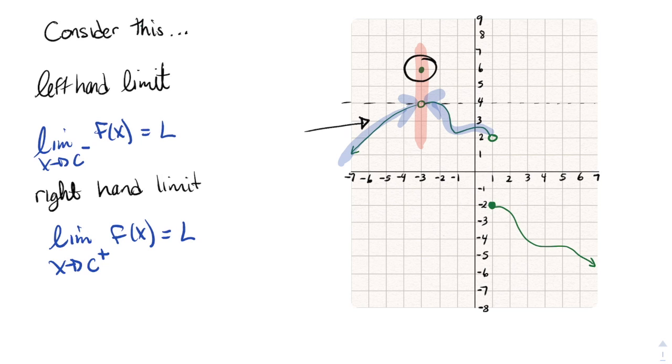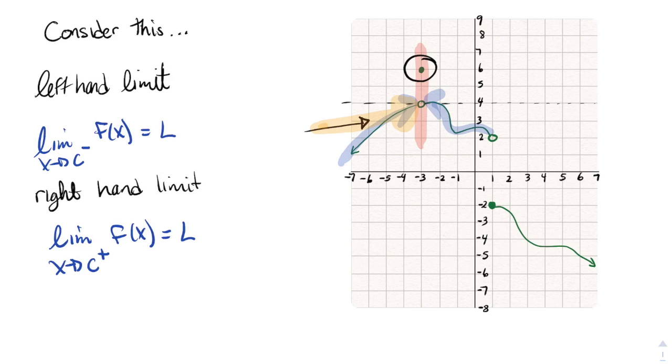As we approach -3 from the left-hand side, we can see that we're approaching 4. Although the true value is 6, that's not the value that we're approaching, because remember, we're only using the numbers as we get closer and closer to -3, right?